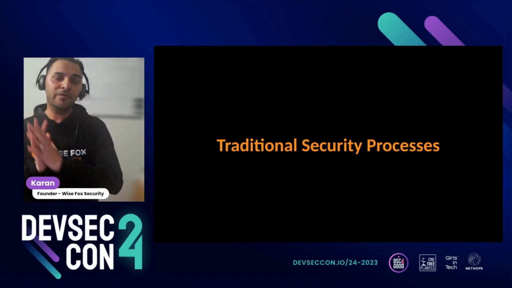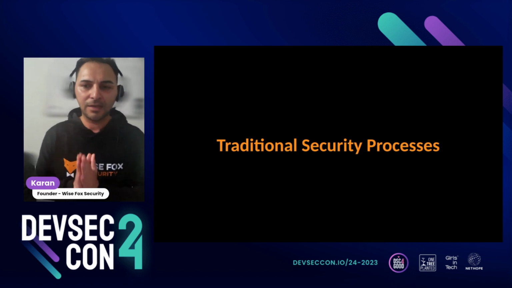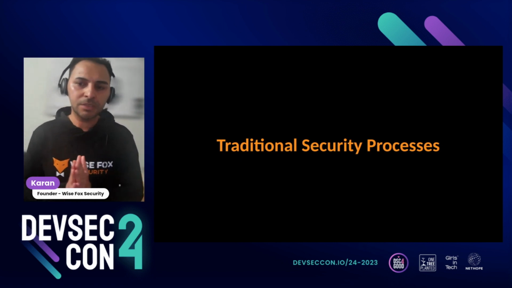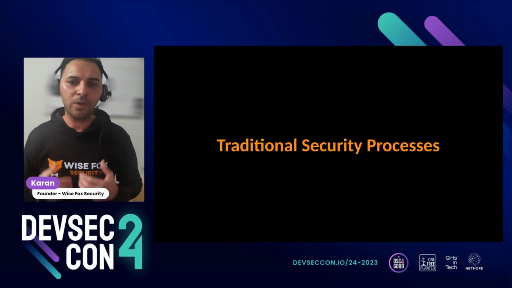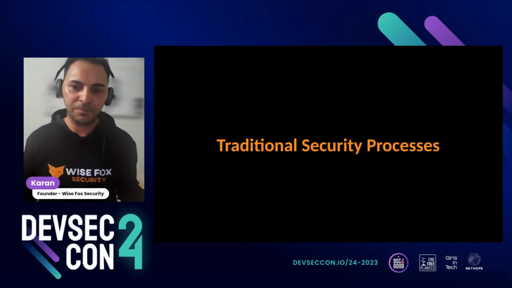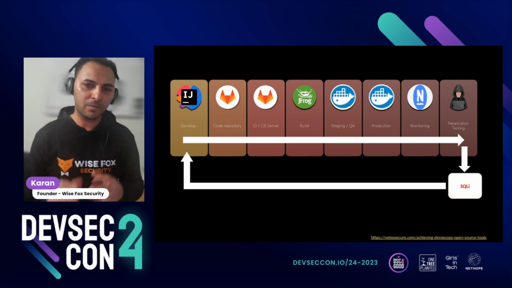Now, we've covered these buzzwords, and we're going to look at some of the traditional security processes. This is going to look at how we approach security when you don't have a DevSecOps model in your organization. So let's look at what we've got here.